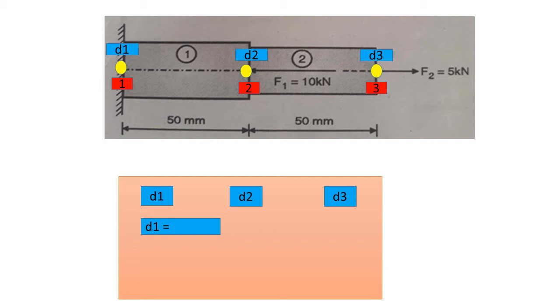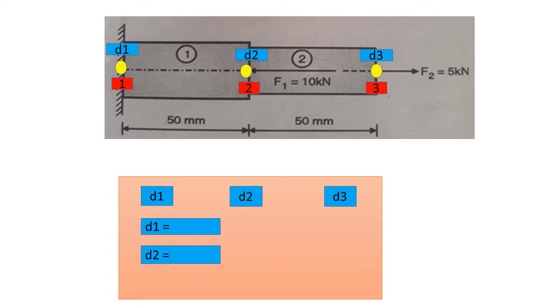As fixed support is applied at node 1, though this 10 kilonewton or 5 kilonewton load will be applied, the bar will get pulled because of the loads, but at node 1, as there is a fixed support, displacement will not occur, and hence displacement at node 1 will be 0.